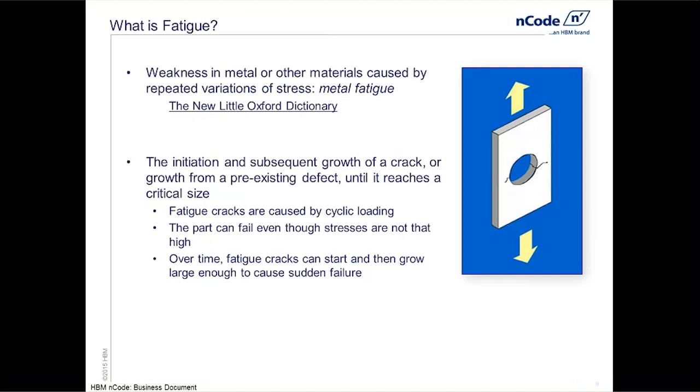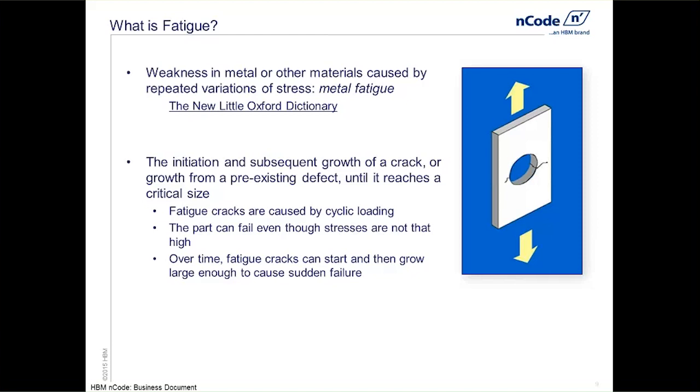Okay, pretty simplistic explanation, but the key point here is that it highlights the fact that there are repeated variations in stress. Okay, fatigue is all about changing stress. If we apply a static load and hold it forever and the part fails, that has nothing to do with fatigue. Okay, that's a different failure mechanism called creep, and that's not what we're talking about today. Here we're talking about repeated variations in stress. That change in stress is critical to fatigue.